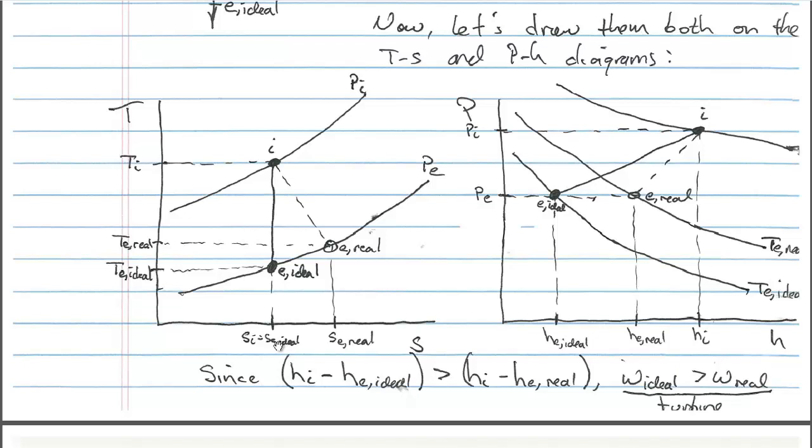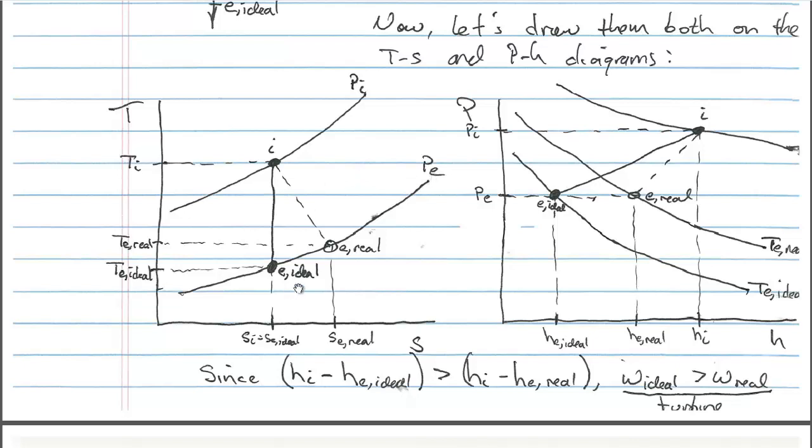And we have our ideal exit entropy, which is equal to the inlet entropy. So this is our ideal exit state, which of course is on the same line of constant pressure as the real exit state because this pressure is a fixed boundary condition. That exit pressure is a fixed boundary condition regardless if it's a real or ideal device.